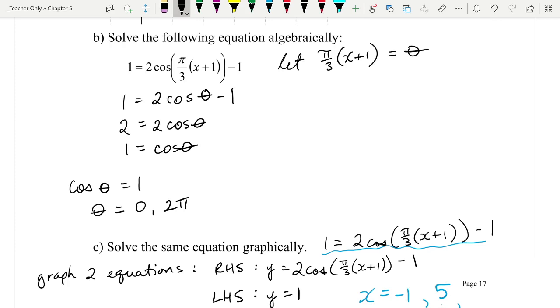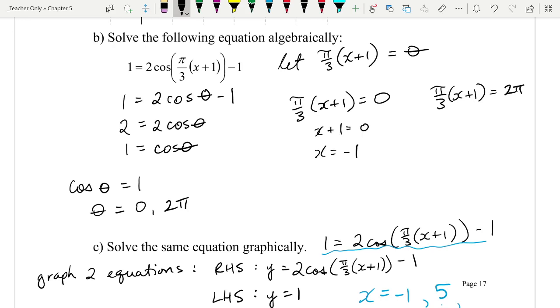So I can say that since theta is 0 or 2 pi, pi by 3 times (x plus 1) is theta, and that equals 0, or pi by 3 times (x plus 1) is equal to 2 pi. And I'll divide both sides of the equation by pi by 3, which is pretty easy. That's just going to leave me with 0. And so there's one answer.